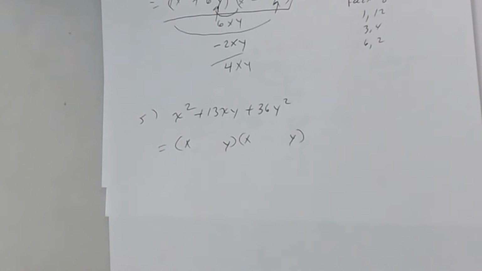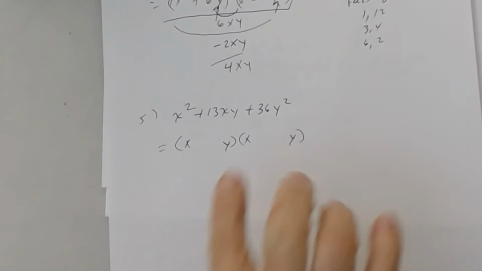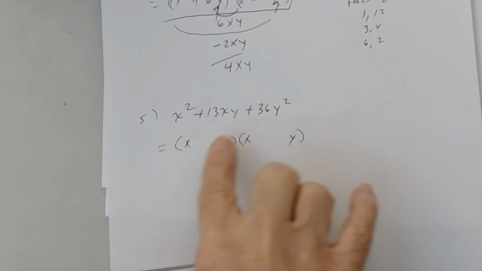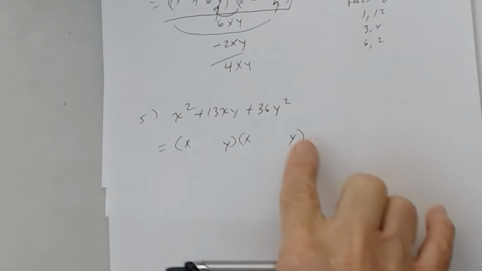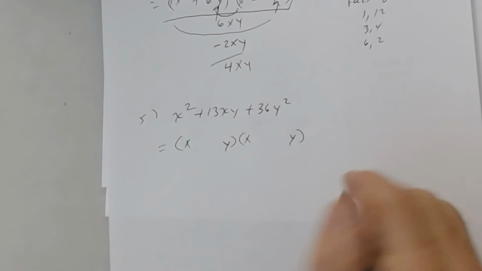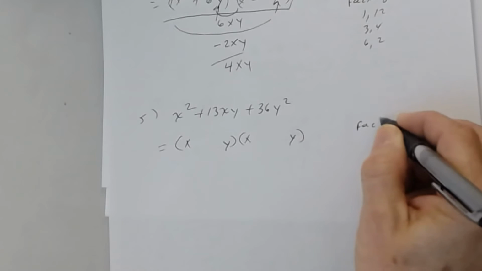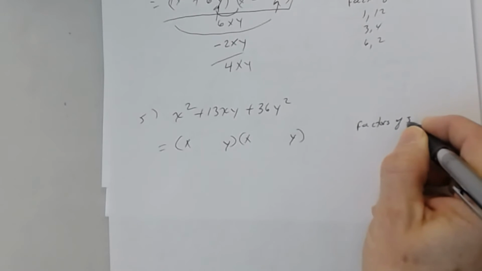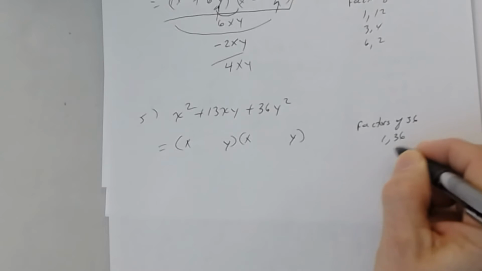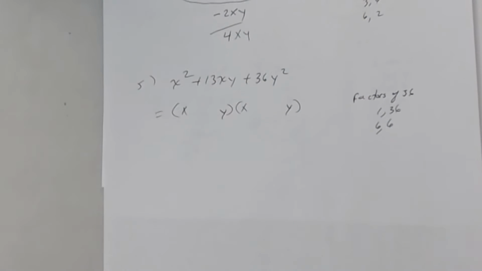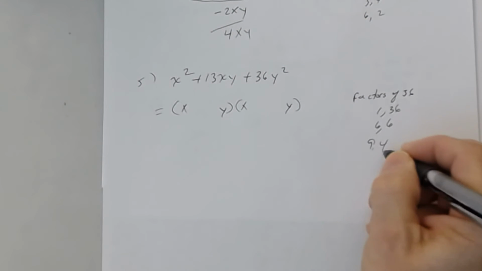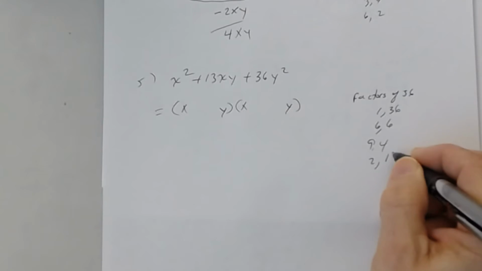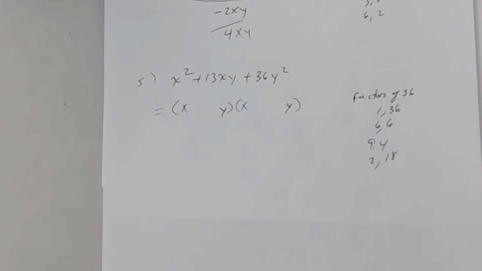So always think like that. Now, I want, though, the last terms here to have a product that's 36y squared. So let's look at the factors of 36. 1 and 36, 6 and 6, what else? 9 and 4, 2 and 18. And I think that's about it, right?